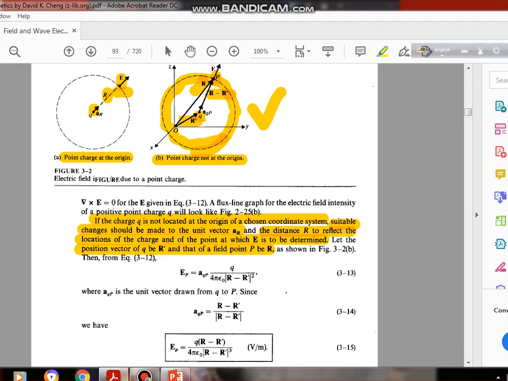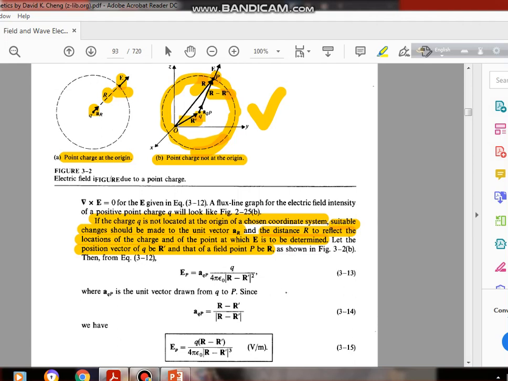So we have to find the electric field intensity at the point P with respect to the reference charge q. The distance between the reference charge and the origin is r dash. The distance between the point of electric field intensity and the origin is r.